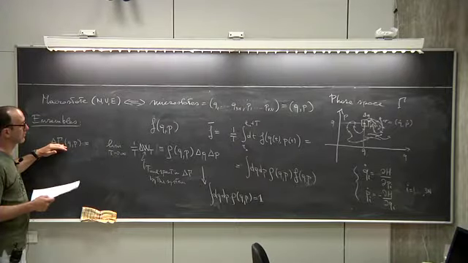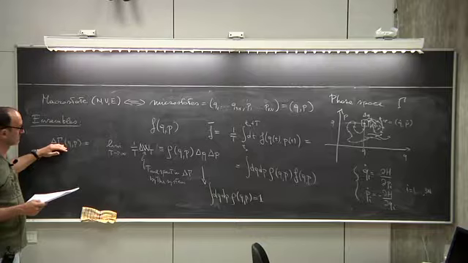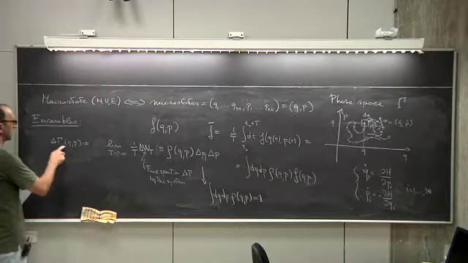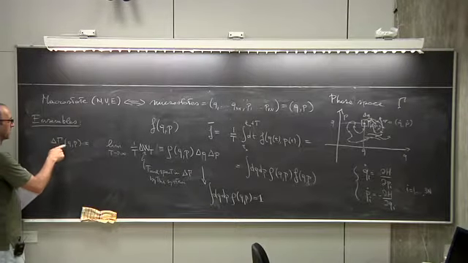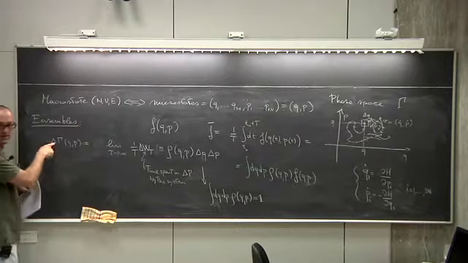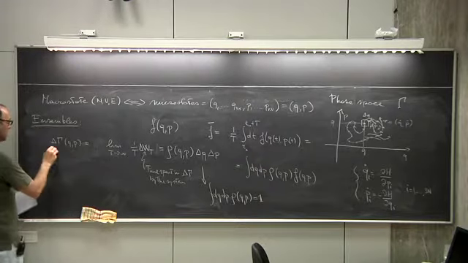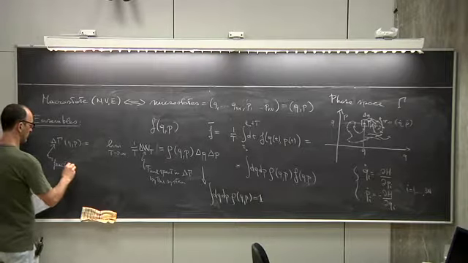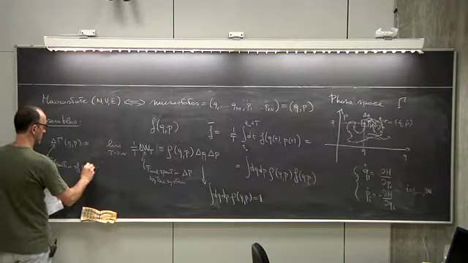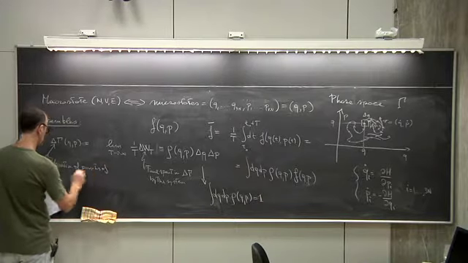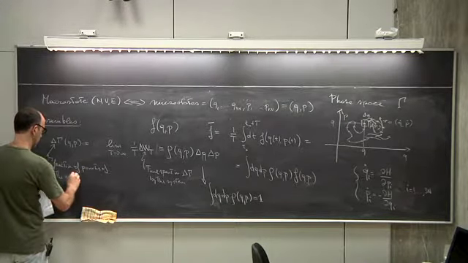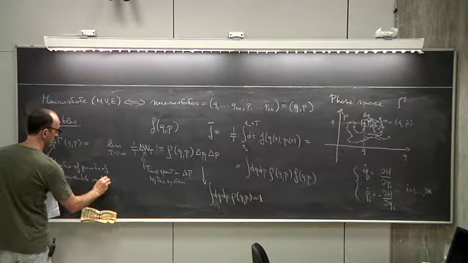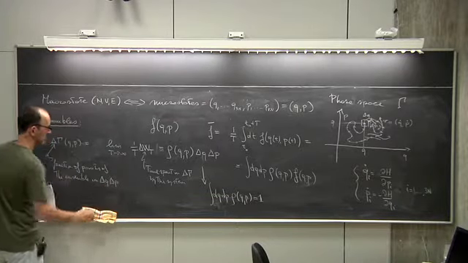So this is a small volume in the phase space. This is the fraction of points of the ensemble in the volume dq dp. Okay?